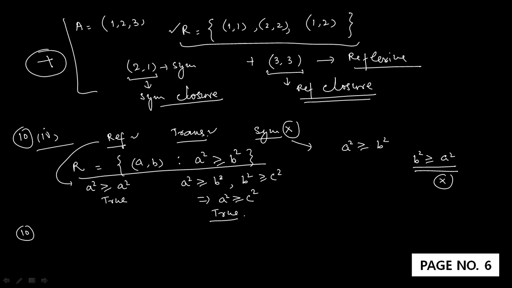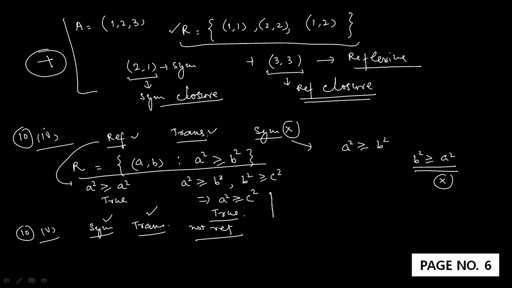What about the next part, part number 5? I have to write the relation which is symmetric and transitive, but not reflexive. Symmetric and transitive, these two conditions. Okay.